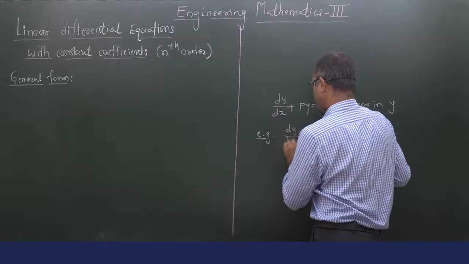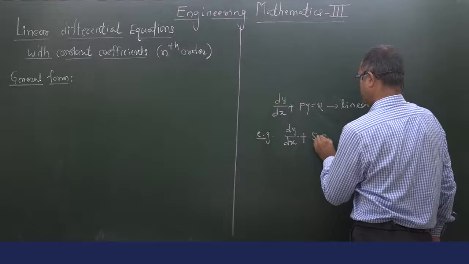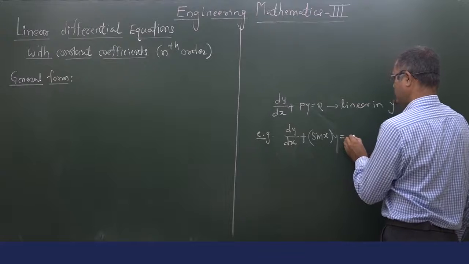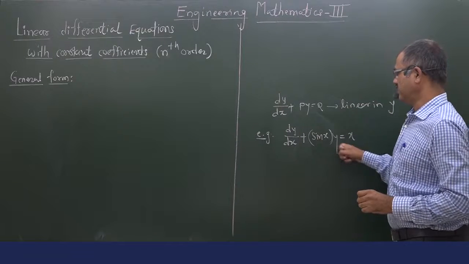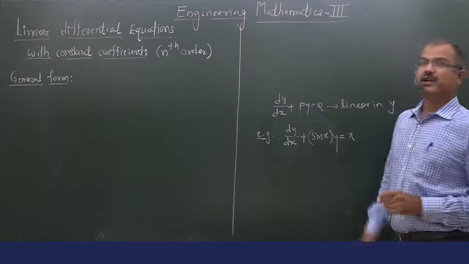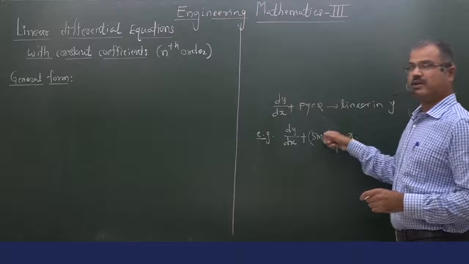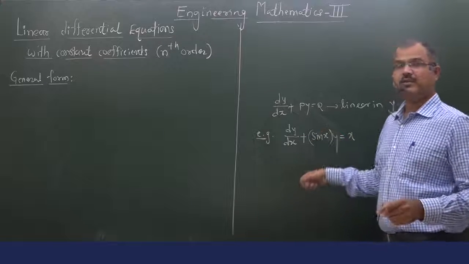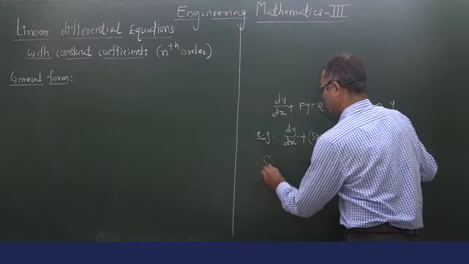For example, dy by dx plus sin x y is equal to x. This is a linear differential equation in variable y. But this is not linear in variable x because we have the expansion of sin x.